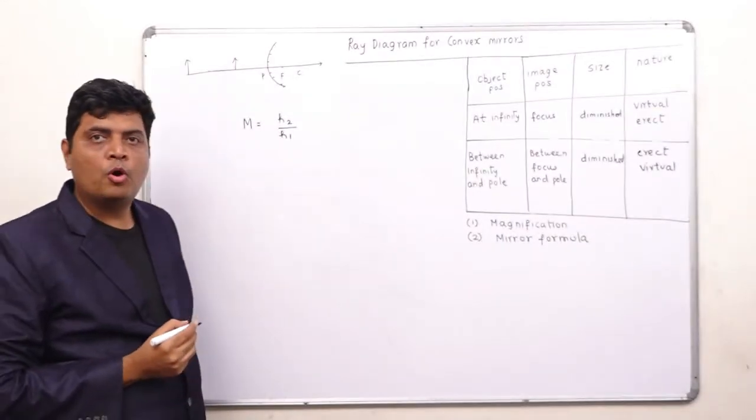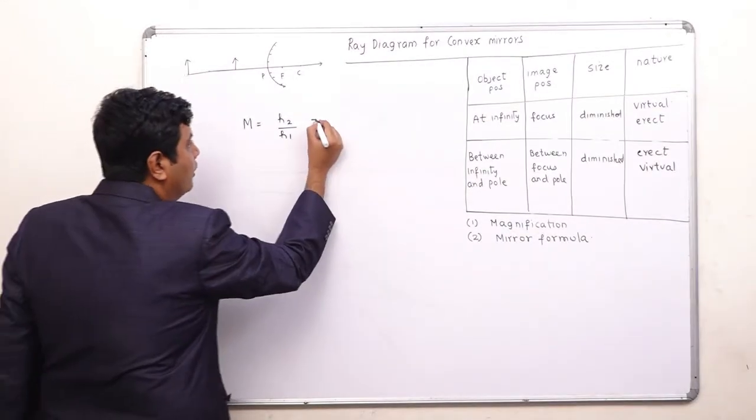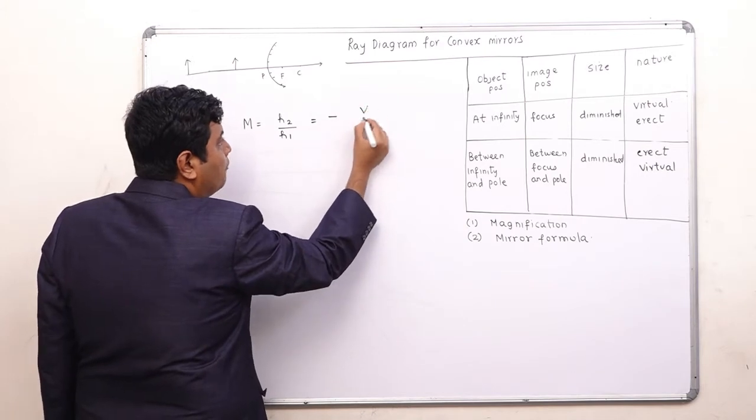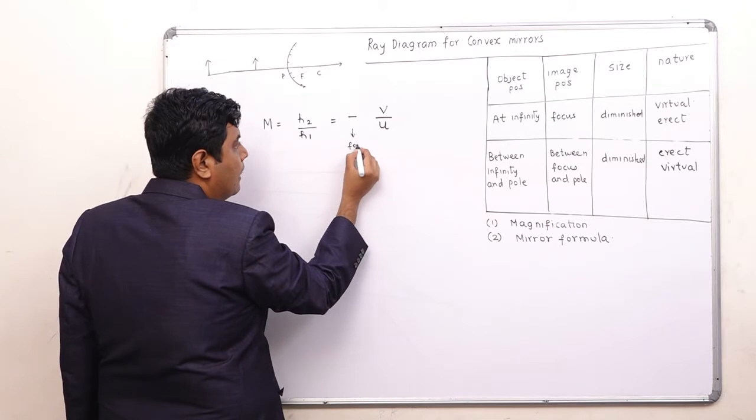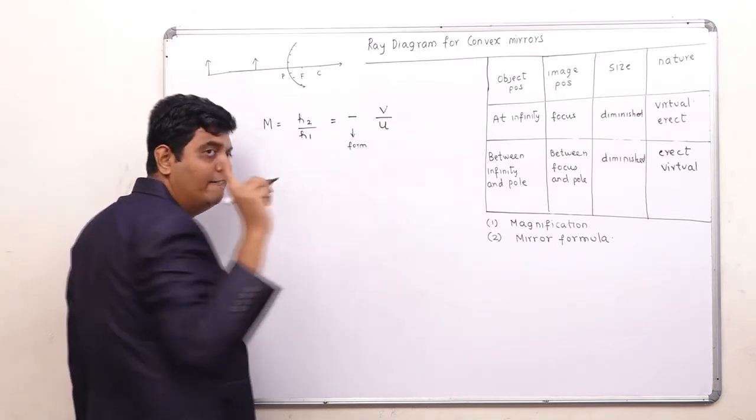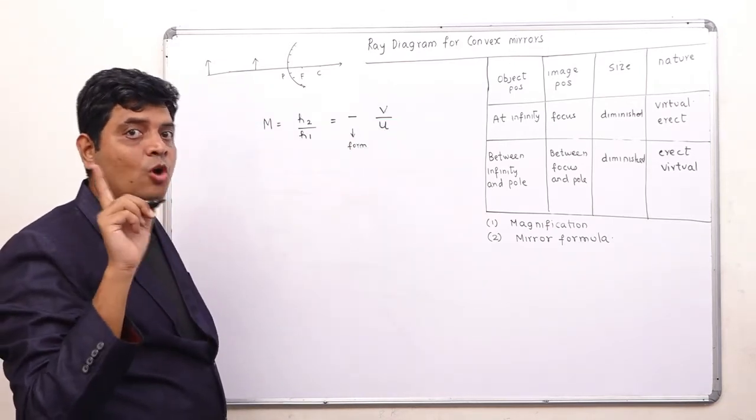Magnification is h2 upon h1, and this is also equal to minus of v upon u. This minus sign is your formula sign, and v and u will have their sign convention signs also.